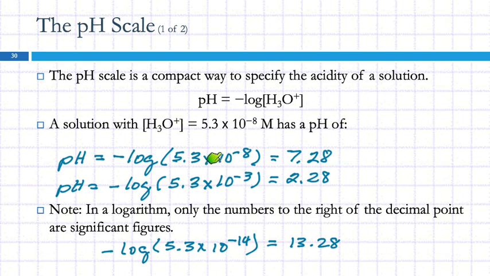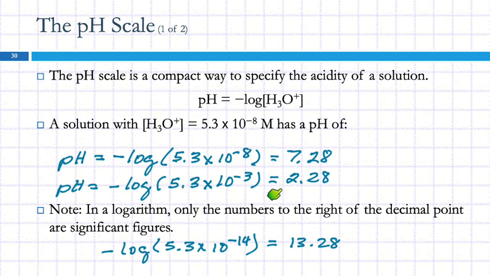So we're taking the base 10 log of this. The logarithm says, what exponent should I put on 10 to get this number? Okay? So here, because these are negative, the 8 is going to become a 7, 3 becomes a 2, the 14 becomes a 13.